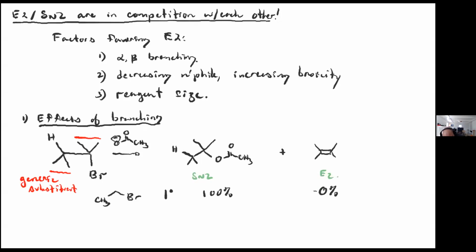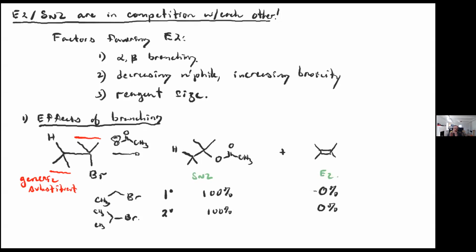If you go to a secondary, the same outcome is observed. You get exclusively substitution and no elimination. And again, we said that secondary substrates are the gray area for SN2.